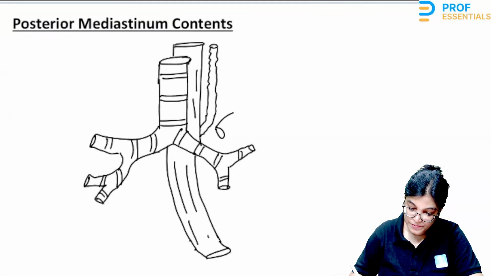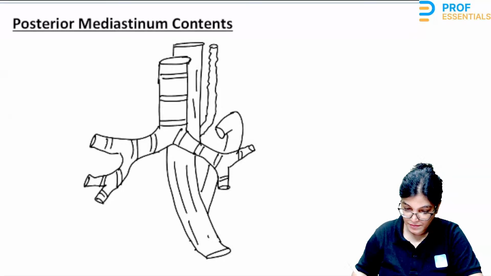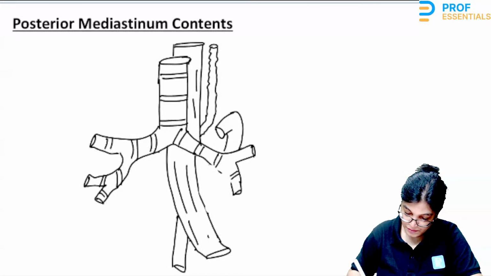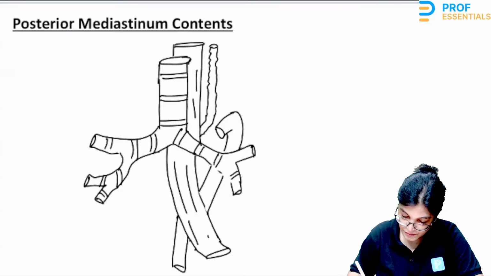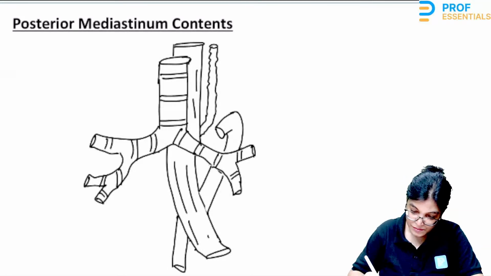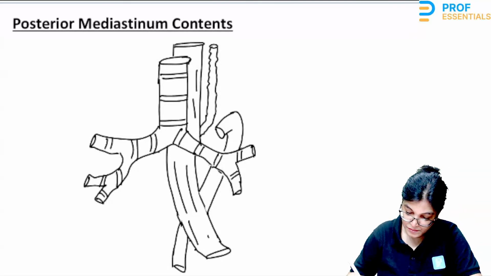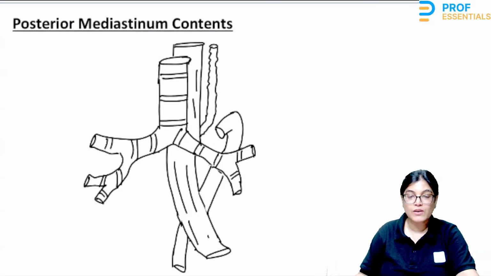I will also draw the descending thoracic aorta. Okay, this is the descending thoracic aorta.